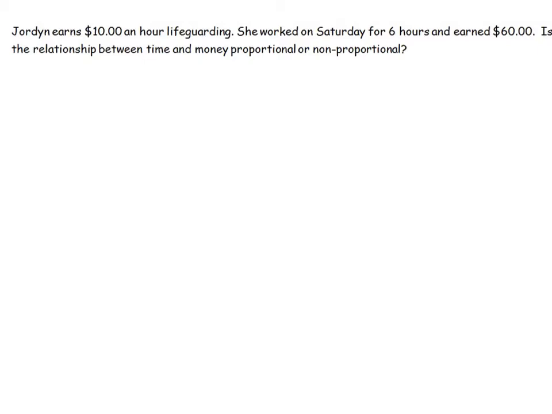All right, so now we have a word problem, which is a little bit trickier. Jordan earns $10 an hour lifeguarding. She worked on Saturday for 6 hours and earned $60. Is this proportional or non-proportional? Well, time and money. If she works 0 hours, she would earn $0. So that's a good sign.